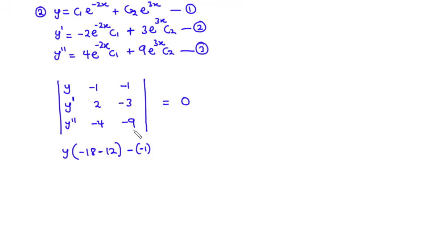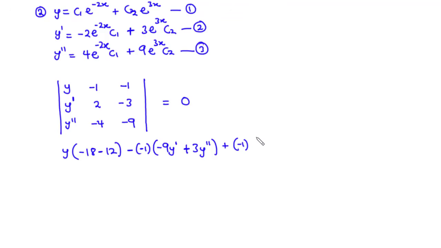So negative 9 times y prime, that will be negative 9y', minus y'' times negative 3, that will be negative 3y'', so it becomes plus 3y''.